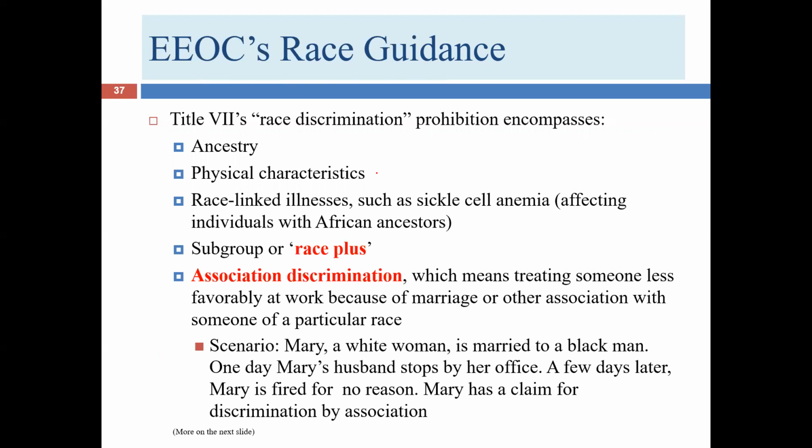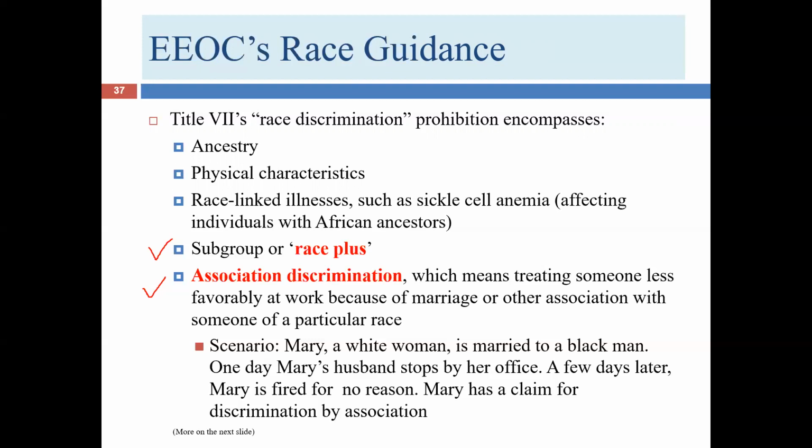There's also protection against associational discrimination, and obviously this is a Quizlet term, I didn't provide a definition, but hopefully you've gotten the gist of the meaning. Association discrimination is another category. This doesn't just apply in a race situation. You can have association discrimination under lots of circumstances, but one way it arises is when you treat someone less favorably at work because of marriage to somebody of a particular race or other association.